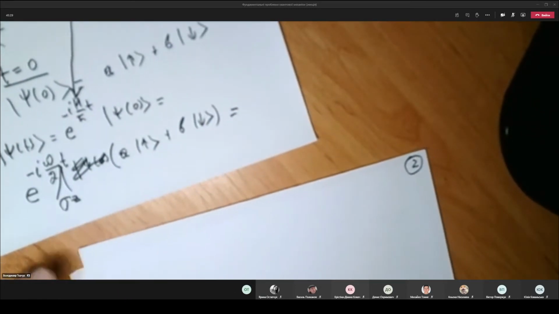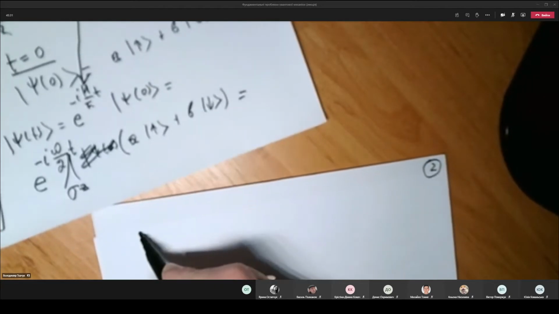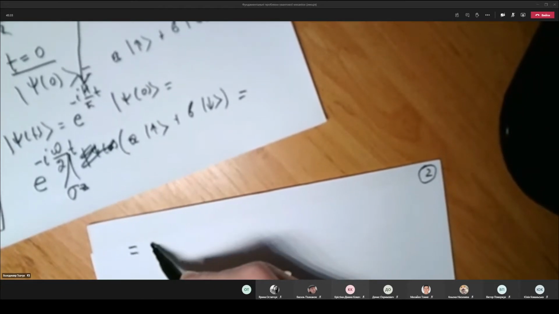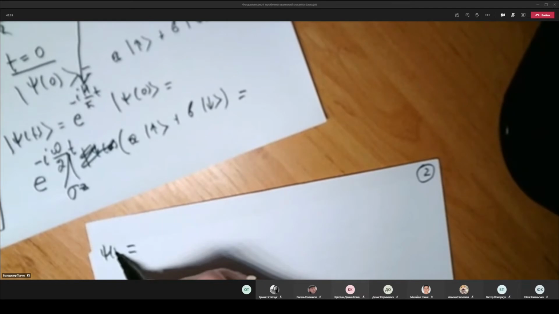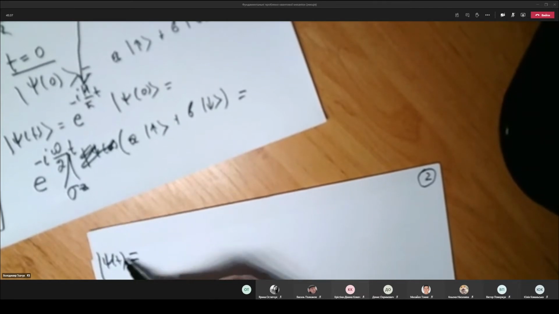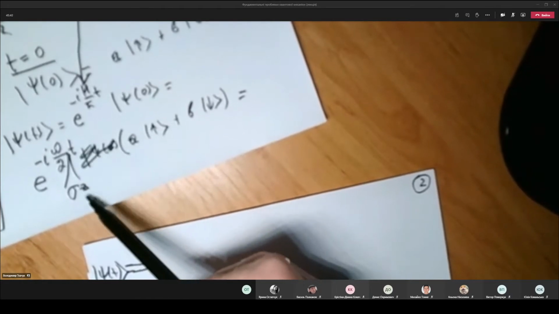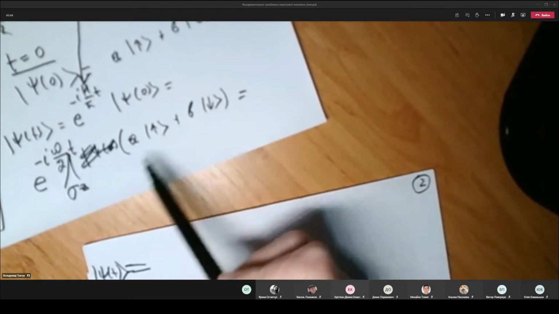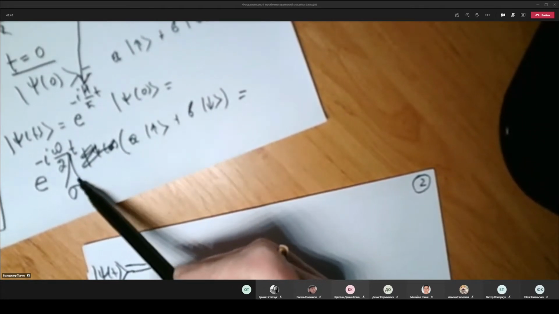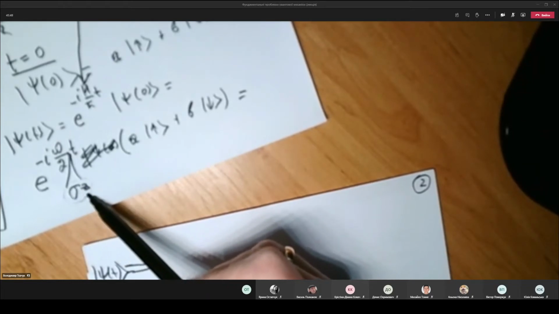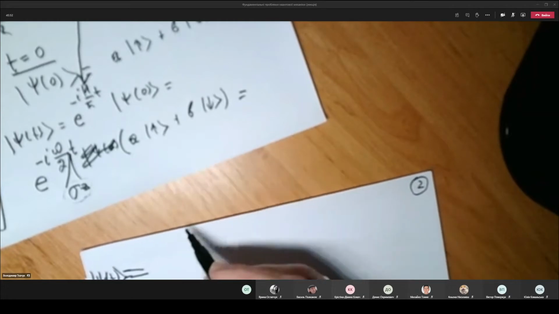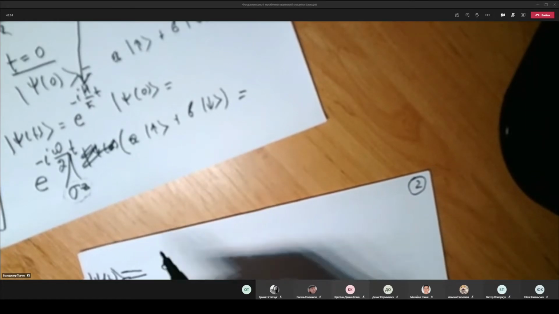So as a result, we obtain the following state. Let me write psi t here. Because arrow up and arrow down are eigenstates of this component of the Pauli matrix, we can easily calculate the result, and let me write it.